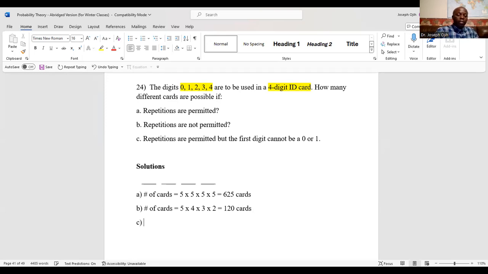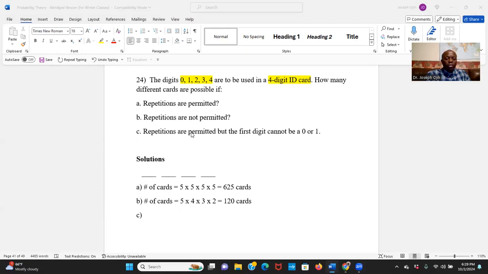Now, part C says repetitions are permitted. But the first digit cannot be 0 or 1. So remember there are 4 slots. But the first digit of that card cannot be 0 or 1. So there is a restriction on the numbers 0 and 1. If you remove 0 and 1 from the list of 5 numbers, the only thing left is 3 numbers.